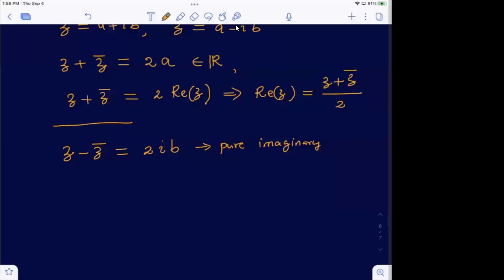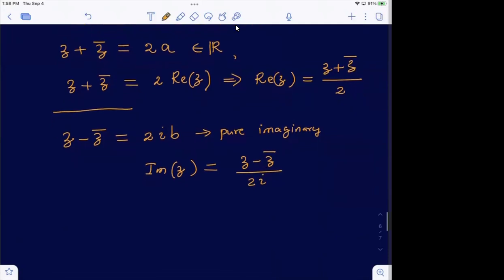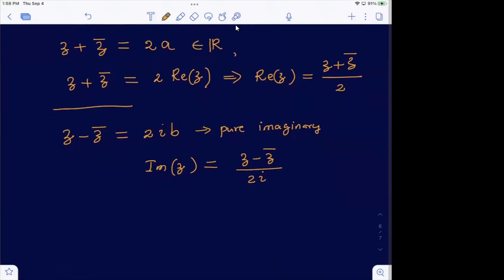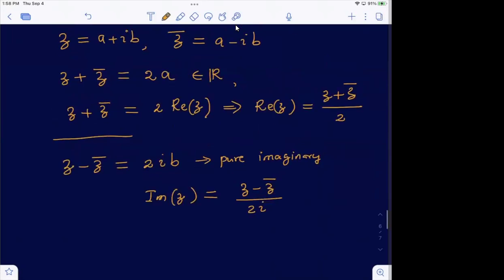And the imaginary part of z is just b, so it is none other than z minus z bar divided by 2 times i. This may be used as a formula, but this particular property is far more important as an observation. Whenever you add a complex number with its conjugate, you will end up getting a real number.